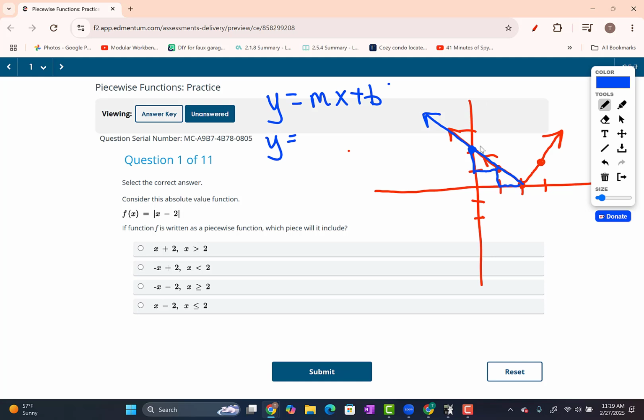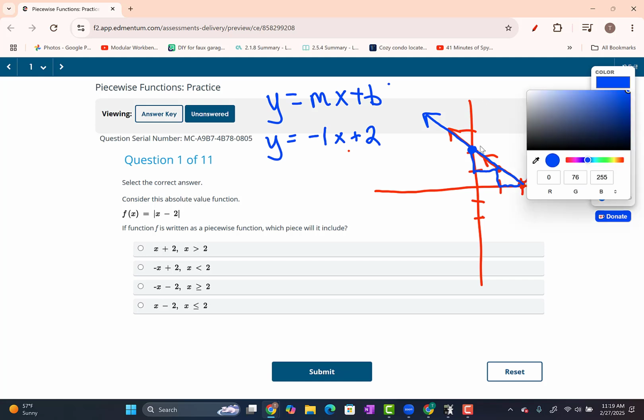So the slope is negative 1 over 1, and negative 1 divided by 1 is just negative 1. And then the y-intercept, the b part of this equation, we can clearly see that it's crossing at positive 2. So we have that equation. Let's go and do the other one.